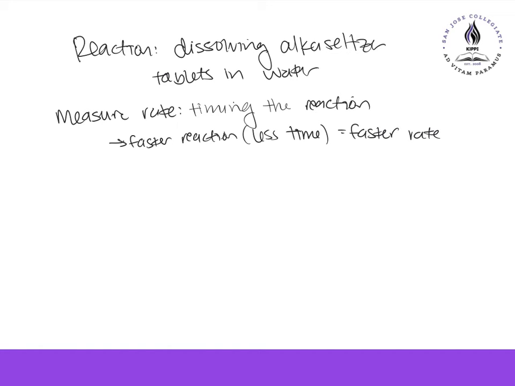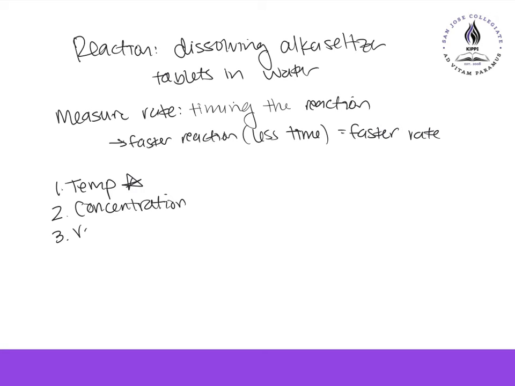Okay? So you're going to be doing this yourself. You're going to be deciding what factors you want. The factors are the following. You have temperature. You can change the temperature. I would recommend choosing this one because we have the equipment to do it. Or the other ones: you could change the concentration, which means that you can change how much or how little Alka-Seltzer you use.